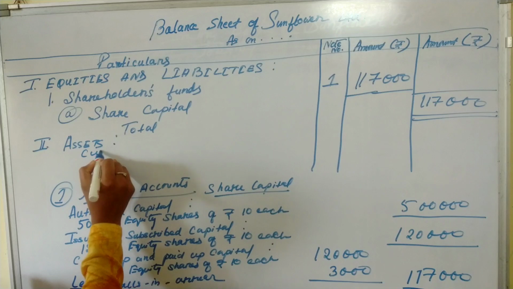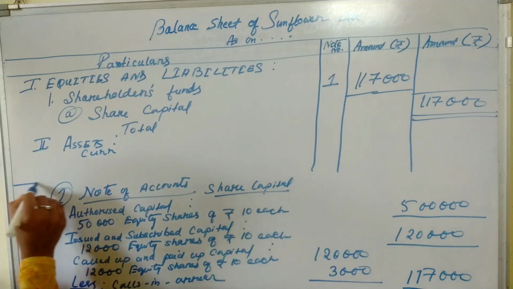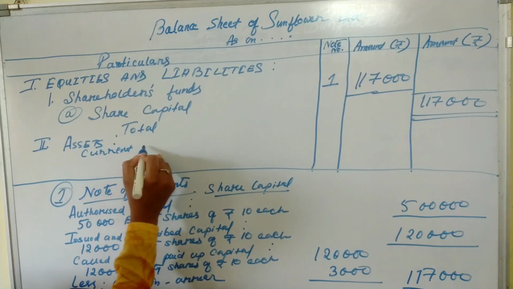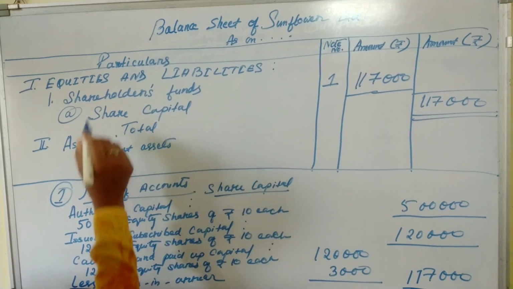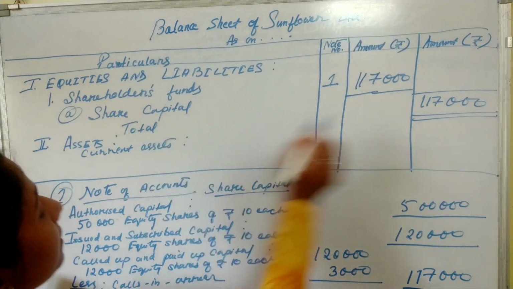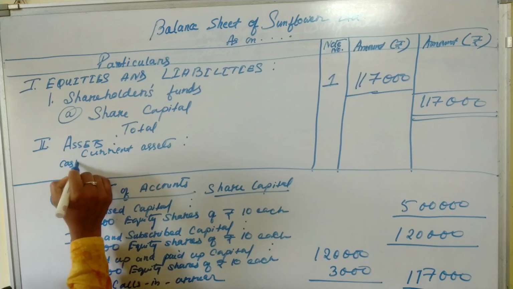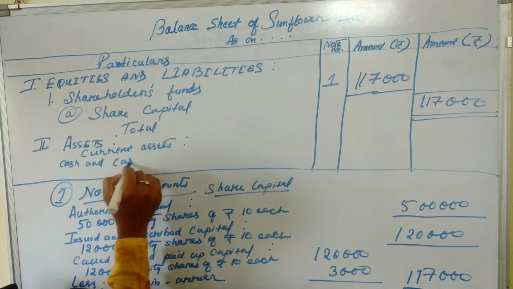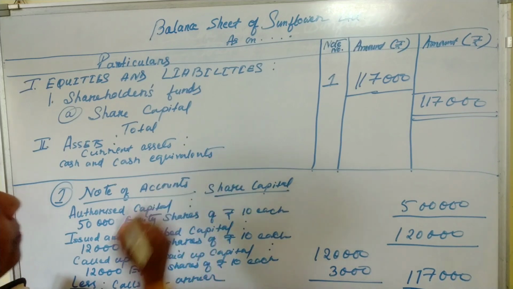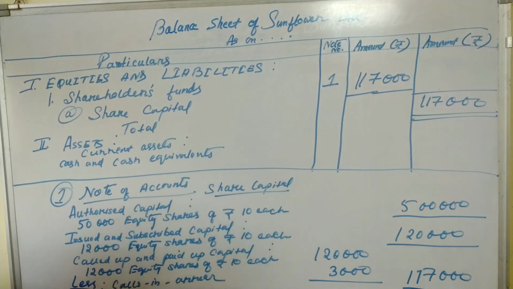We will write here current assets. So assets is the major head and the subhead is current assets. Now under current assets, we will write cash and cash equivalents.